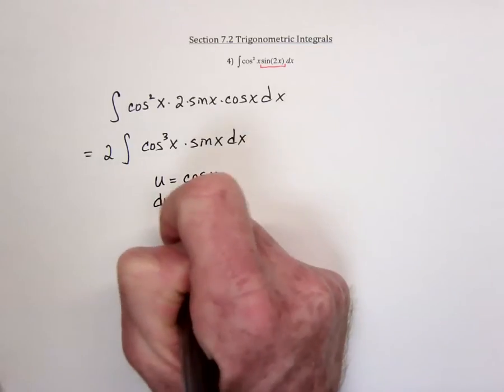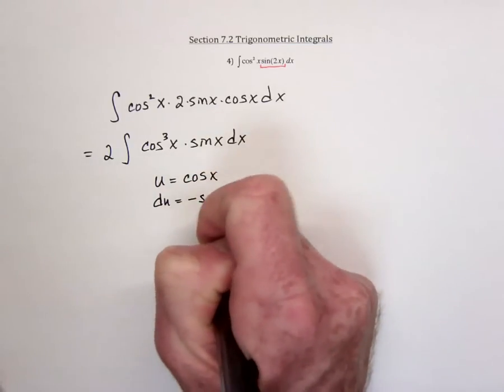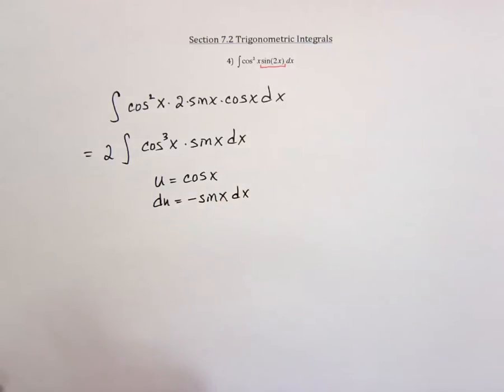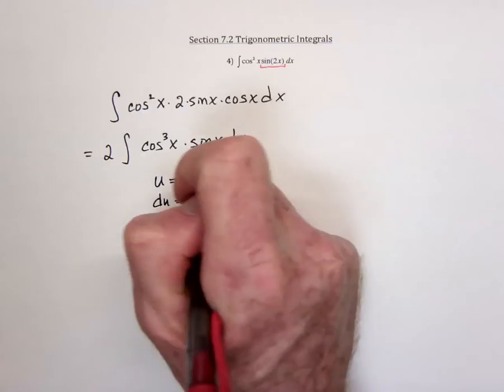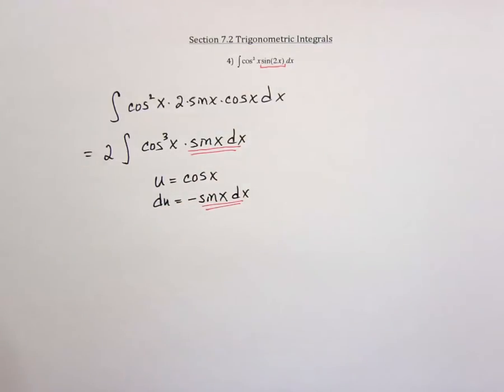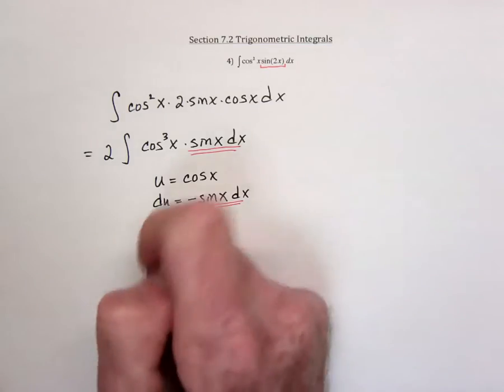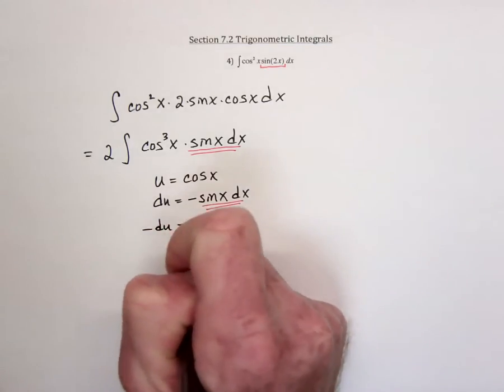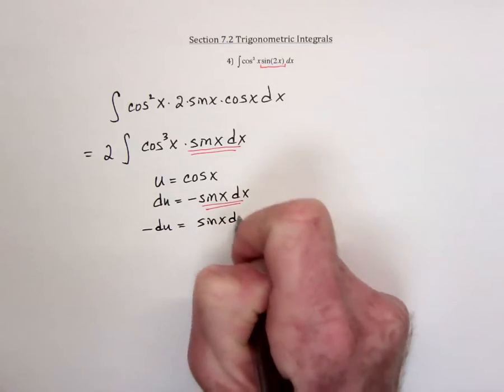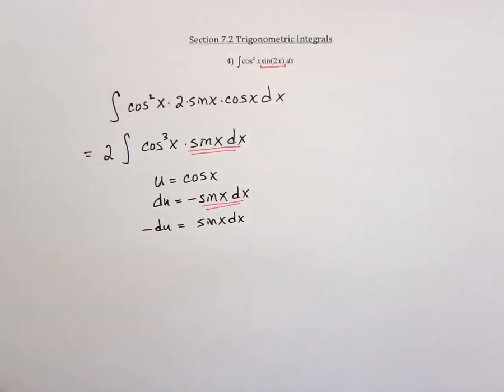The derivative of that is going to be negative sine of x. Since this doesn't have a negative, this is matching very well other than that negative sign. Just multiply both sides by a negative 1, and we would have that sine of x dx can now be replaced with a negative du.